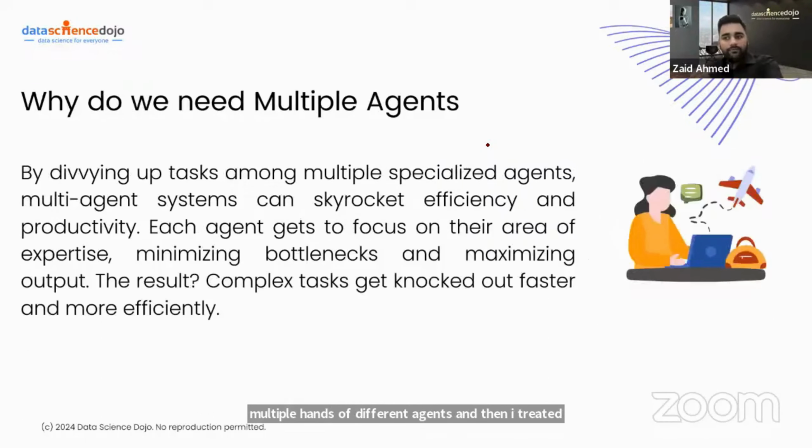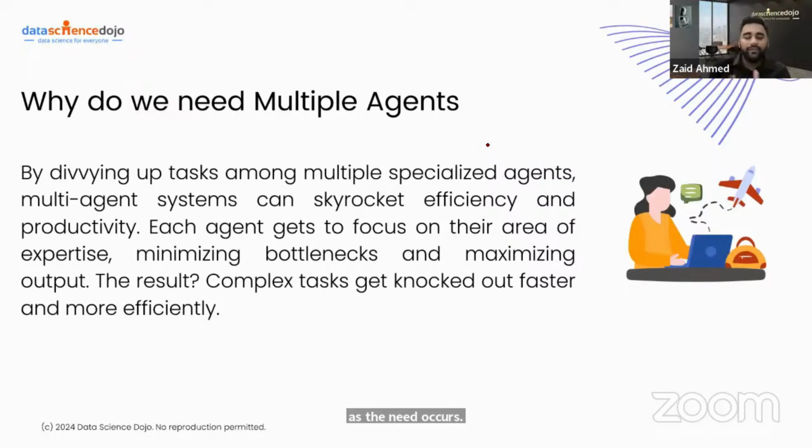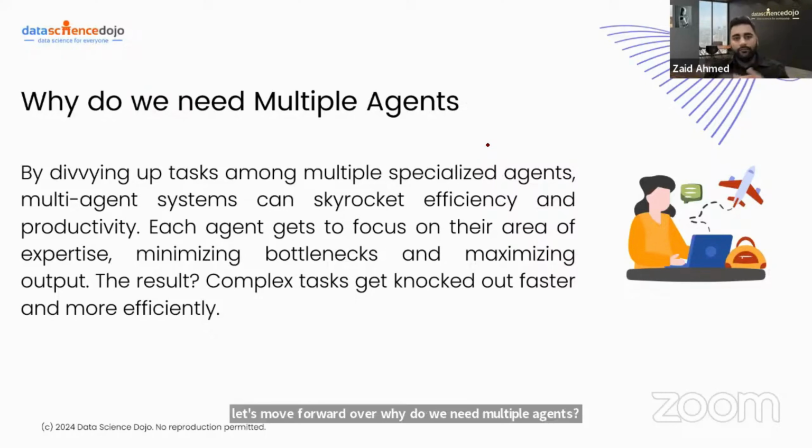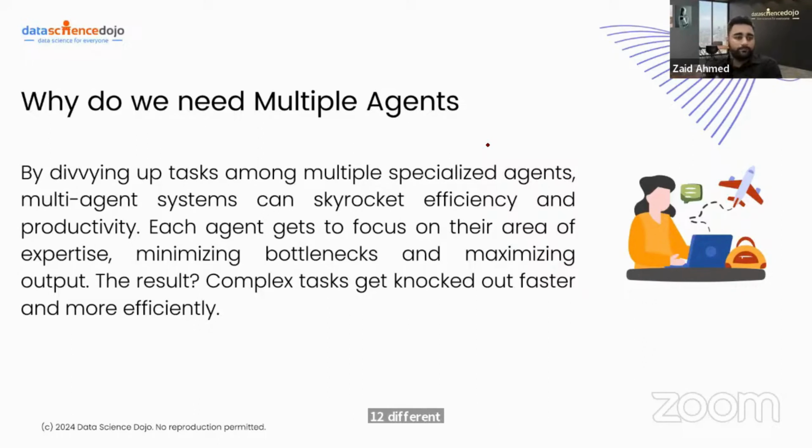So let's move forward to why we need multiple agents. Consider you are leading a team of 12 different people. One is from the marketing team, one is from the sales team, one person is from the HR or legal team.